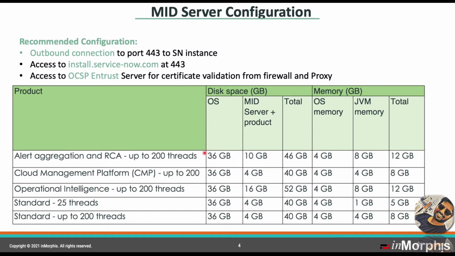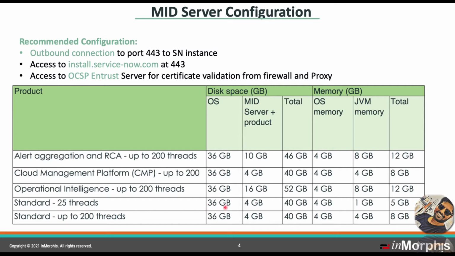Now, here are some of the prerequisites that we have written based on the product size and the thread values. By default the standard is 25 threads, and in a standard you can do discovery, service mapping, and event management.